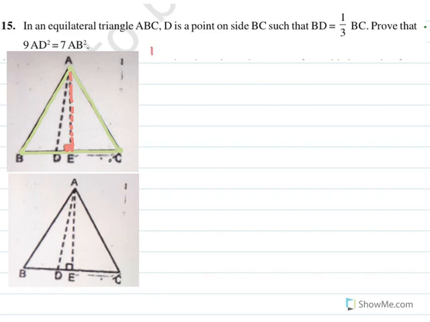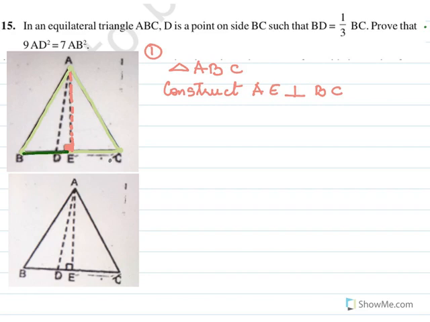So in step 1, the sum is rather long. You got to study it in steps. So in step 1, in triangle ABC, we construct AE perpendicular to BC. Now by the properties of an equilateral triangle, the perpendicular always bisects the base.